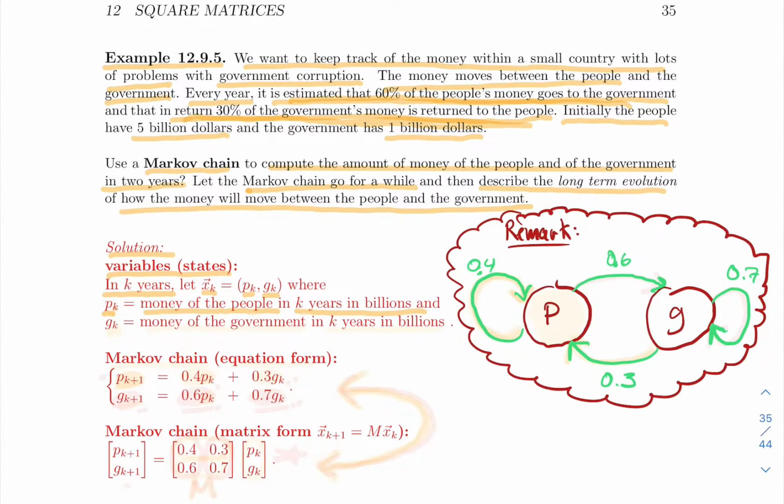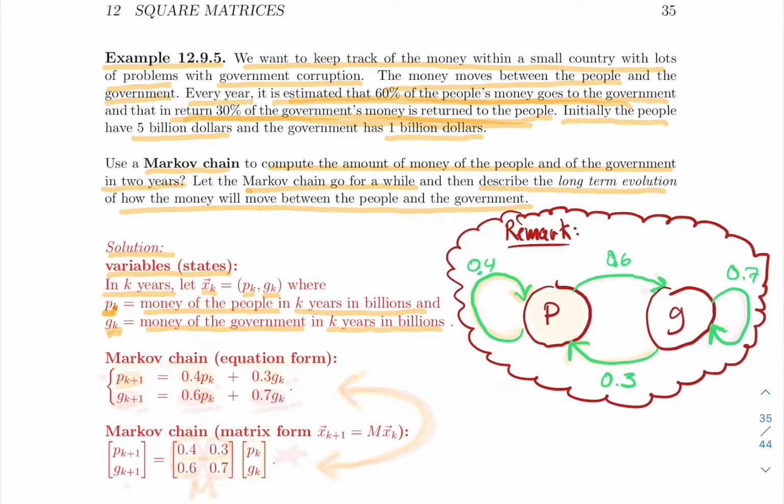Make sure that you understand that in these questions, when you are labeling the variables, there's a reference to the time, the year K. And GK is going to be the amount of money the government has in K years, measured in billions to simplify things.